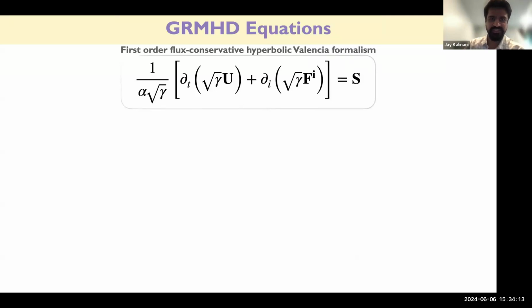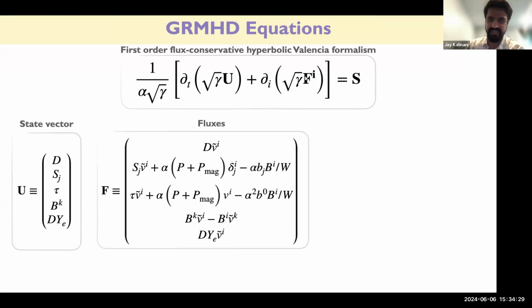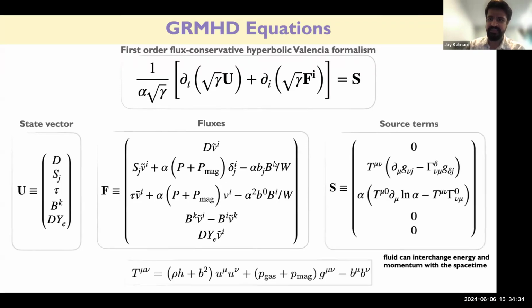So for the Valencia formulation, the GRMHD equations are formulated as a set of first-order flux-conservative hyperbolic equations of this form, where you have U as the state vector, and F here stands for the fluxes, and S are the source terms.